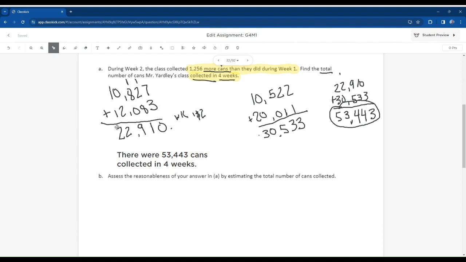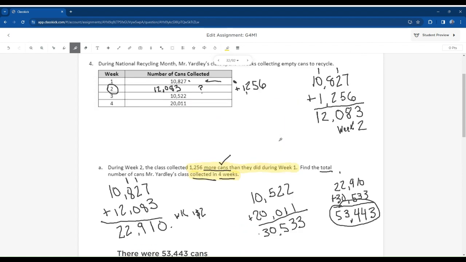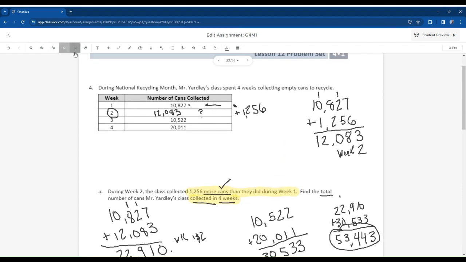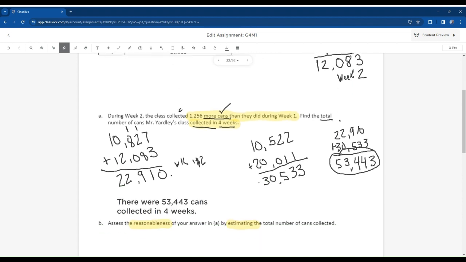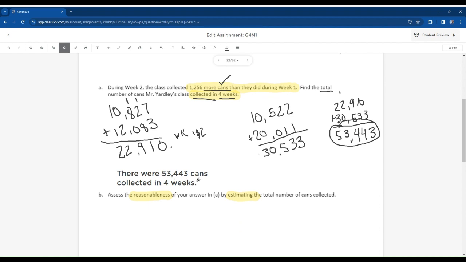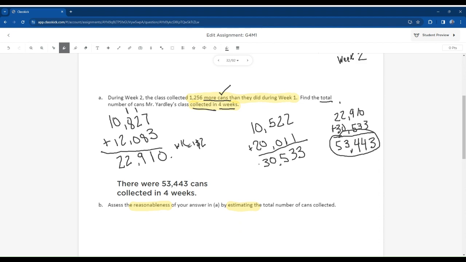Now, letter B asks students to assess the reasonableness. So when we're looking at the reasonableness of an answer, we're going to estimate the total number of cans collected. And we'll do this by rounding each of these numbers here. We'll round these to the nearest thousands place. So if we round each of these correctly to the nearest thousands place, we should come up to an answer that is close to 53,443.